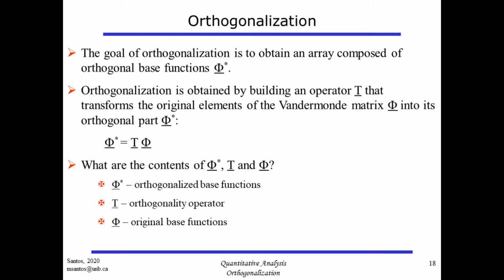Then let's look at the contents of this product. We have the original base functions, capital Phi, multiplied by T. This is the orthogonality operator, and that results in phi star, which contains the orthogonalized base functions.